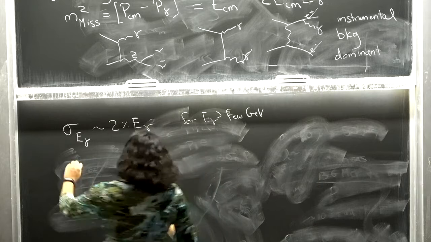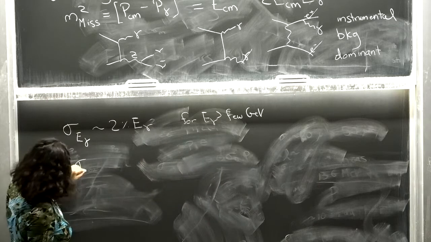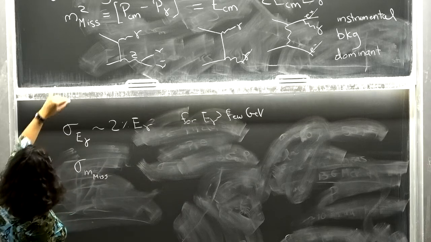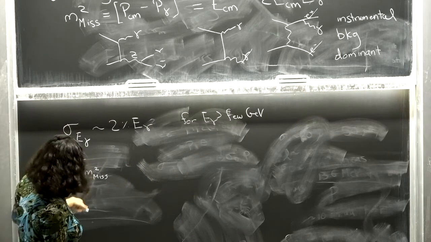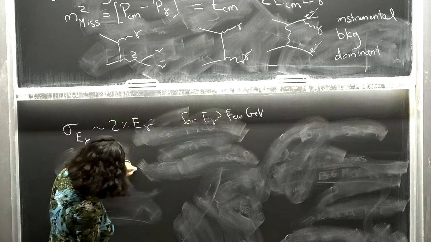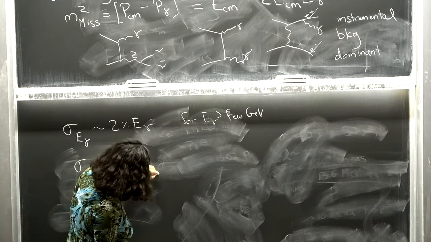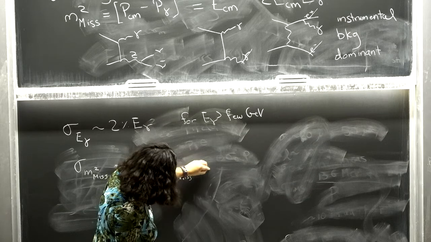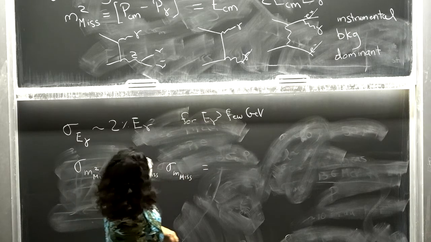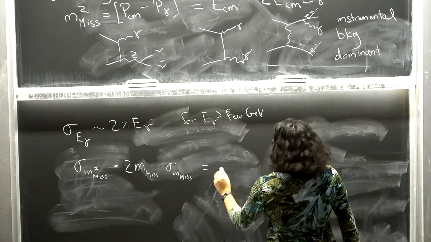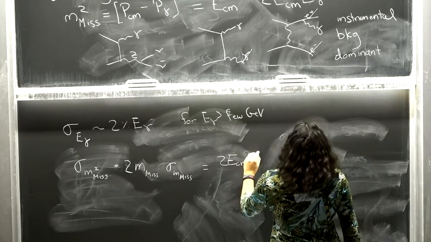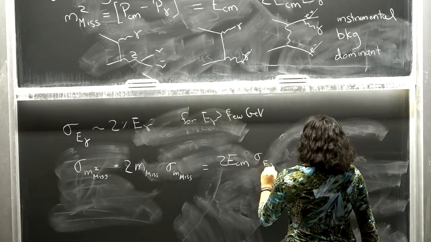And then the second is that if you look at this, try to calculate sigma of m miss squared, well, that's 2 m miss times sigma m miss. And that's driven by this sigma E, right? So that's going to be 2 ECM times this sigma E gamma.